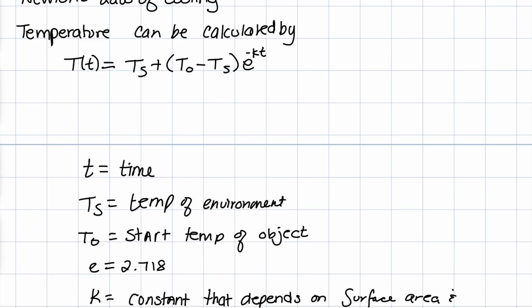And so if you do look at the exponent, it is negative, which does imply that as the values get bigger for time, and granted that k is going to be positive, it should decrease, which should make sense, because if you're starting off with a hot coffee and you're letting it sit out, it will cool over time.